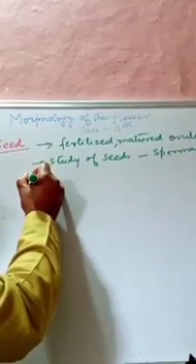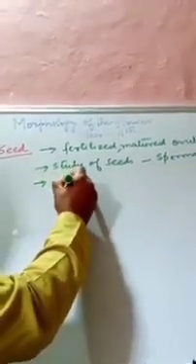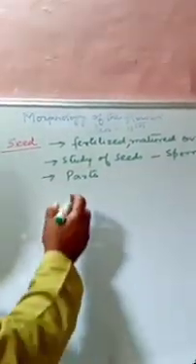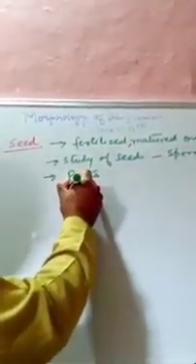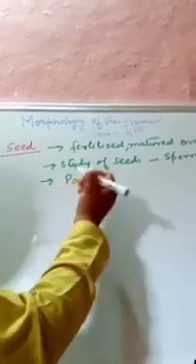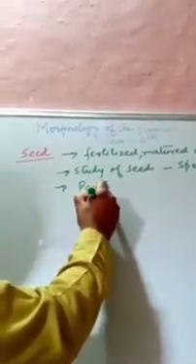Now this seed has got some parts. Now what are the various parts of the seed? Number first, this seed has got the outer covering.